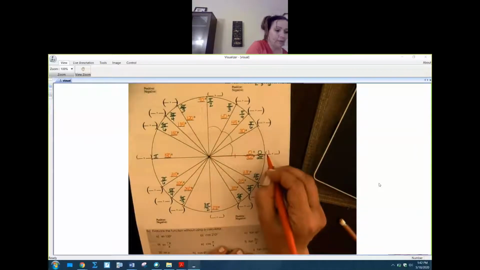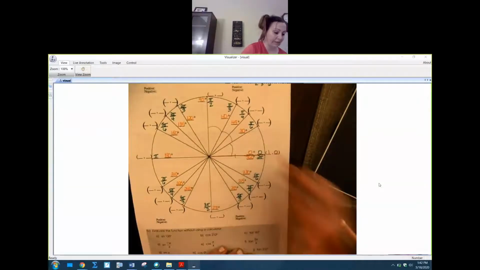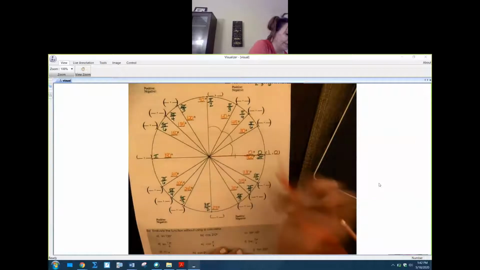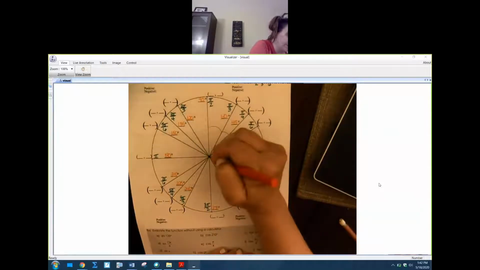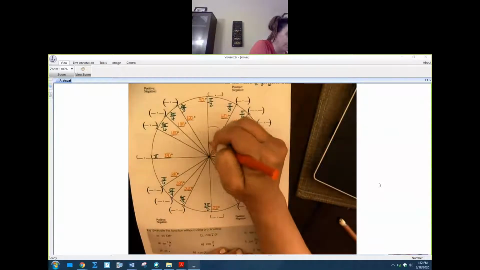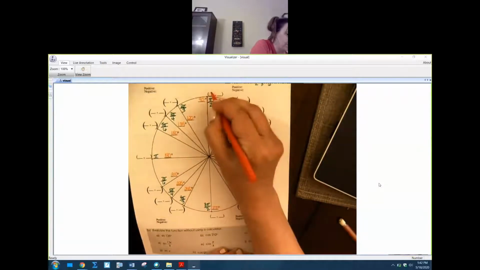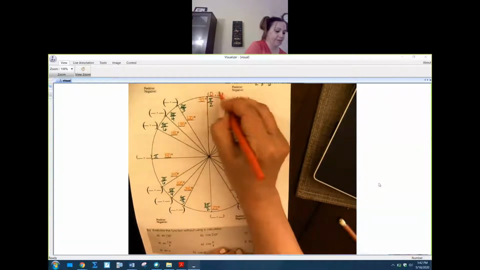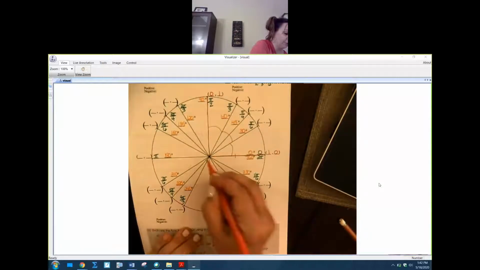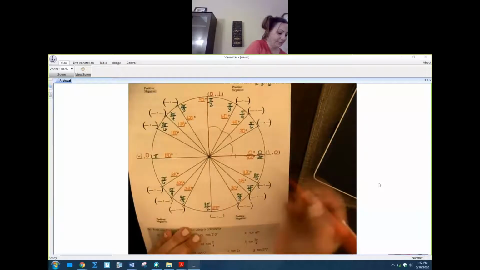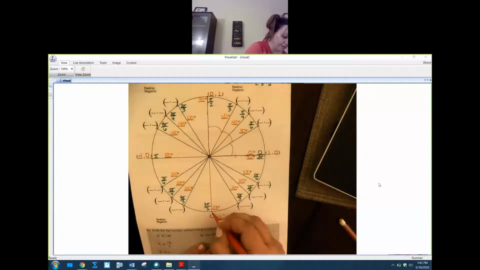So that's going to be the ordered pair (1, 0). We know that in a circle, all radii are congruent. So this also is a radius of 1, so this point would be (0, 1). This radius would also be 1, so that's (-1, 0). And this radius is 1 also, so that's going to be (0, -1).